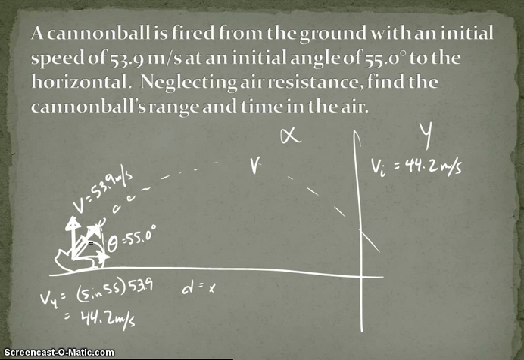So 53.9 times cosine of 55 gives me a velocity here of 30.9 meters per second.